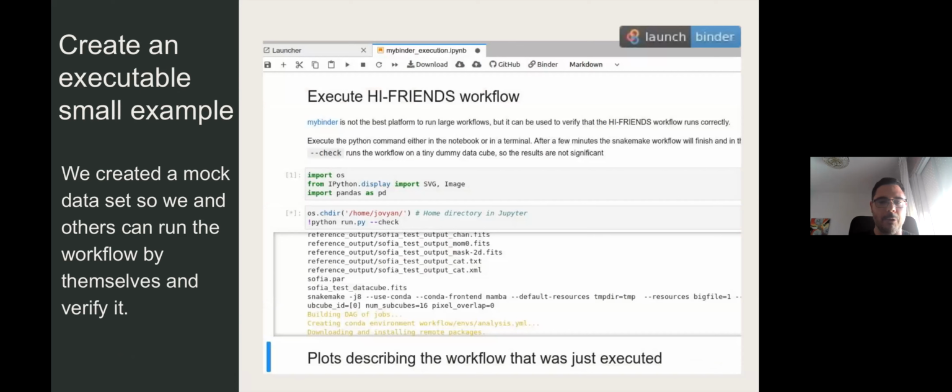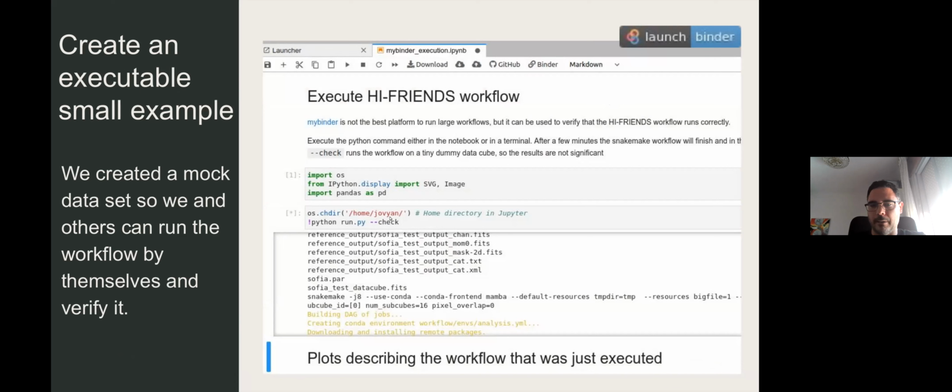Okay. I would also recommend creating an executable small example. Of course, in this case, the data cube was 1 terabyte, so nobody is going to download the 1 terabyte just to check the workflow or to see it in action. So we just created a mock data set and a very easy command with a -check option that can be launched in Binder.